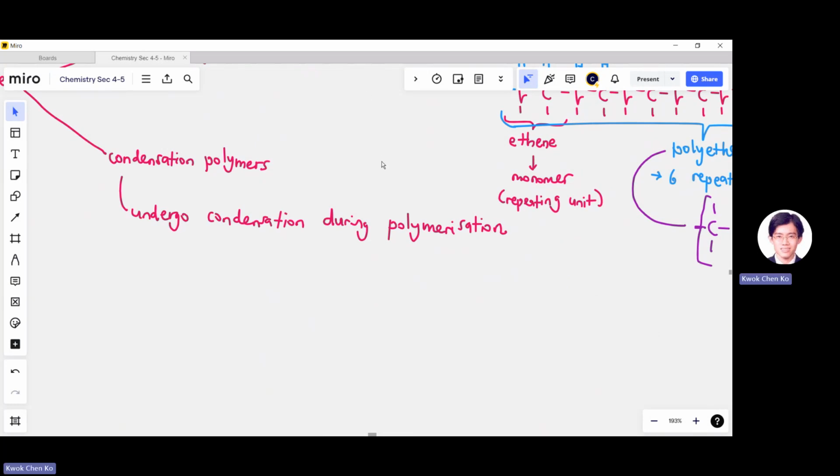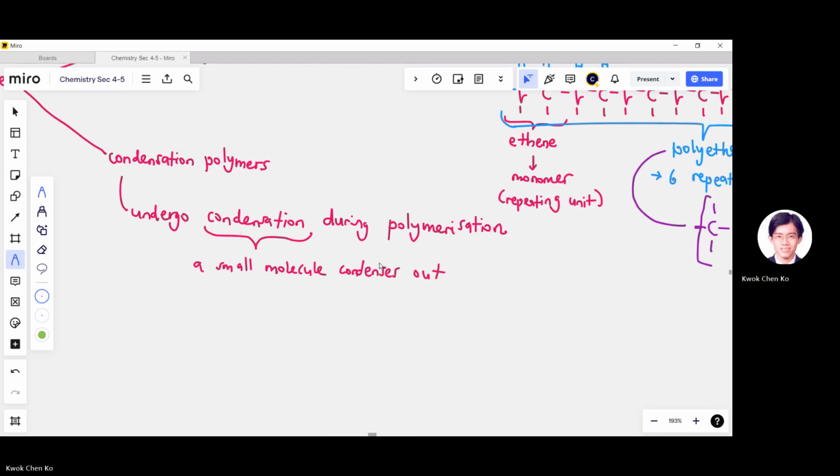All right, so what is meant by condensation? You got to know. It means a small molecule condenses out during the reaction. Now, in case you're asking what small molecule, water.